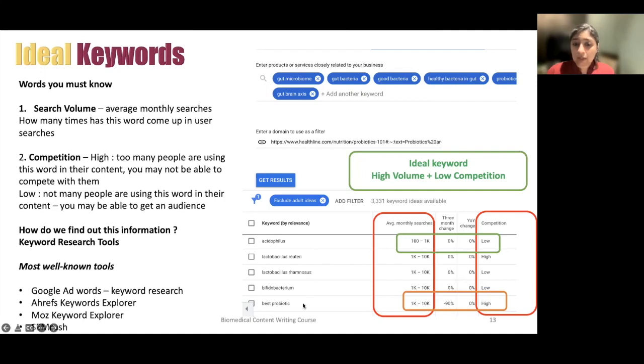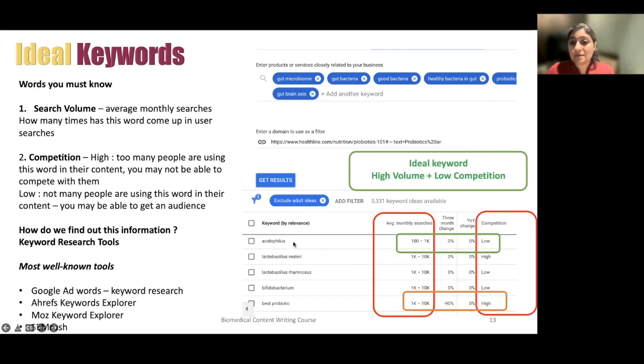So while we're looking at best probiotic, you would want to include that in your content. Look at the average monthly searches. It's relatively high, 1,000 to 10,000 searches, so that's a good keyword to use. But when you look at the competition, you see that it's very high, right? So a lot of people already have this kind of content available online. So the chances are that your content may not be seen if you only use this keyword.